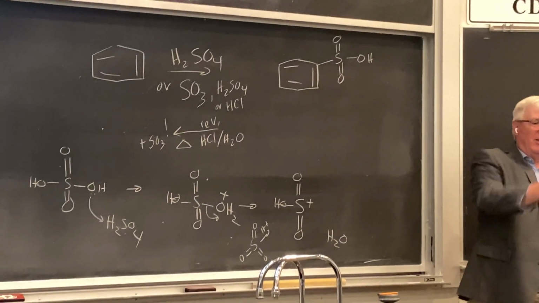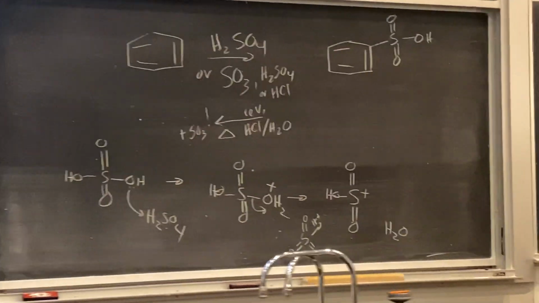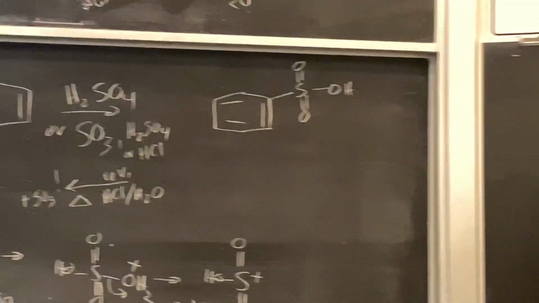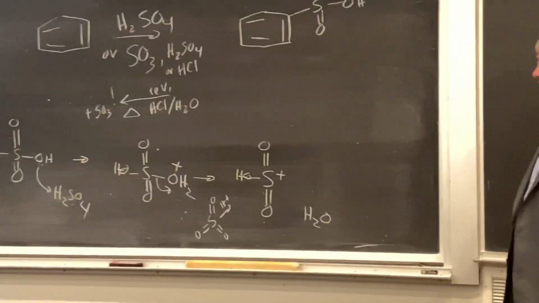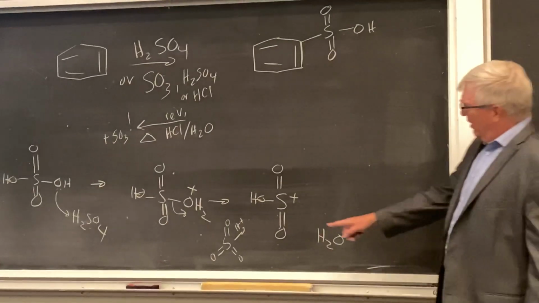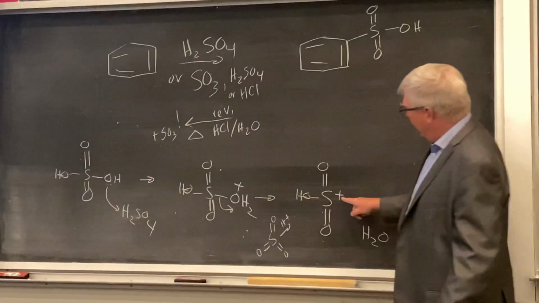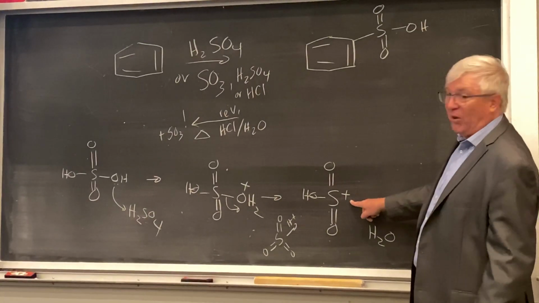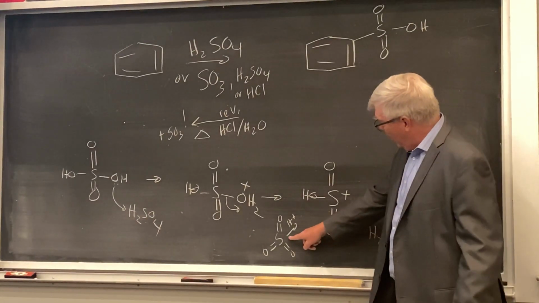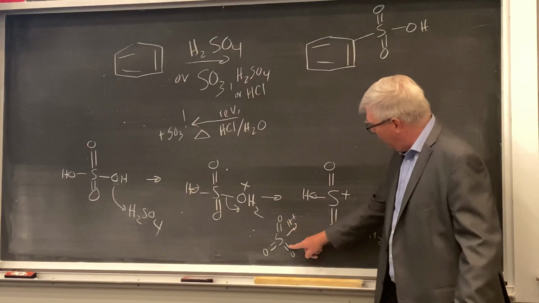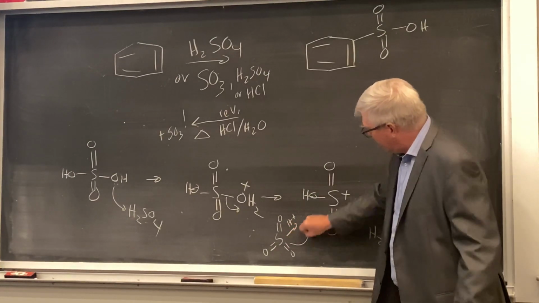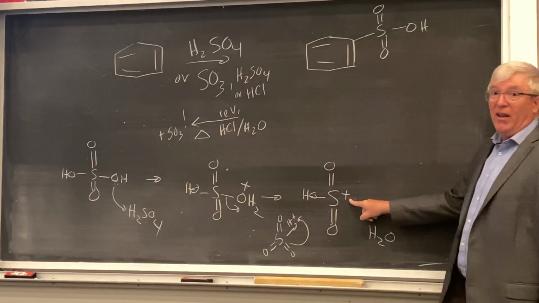You can move the camera over here if you'd like. Get away from the sink there. But yeah, so you can see the loss of water right there to form the sulfur cation, sulfonium cation. Or you can take sulfur trioxide and just protonate here. And pulling the electrons out gives the same thing, okay?